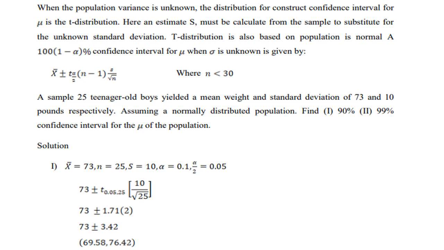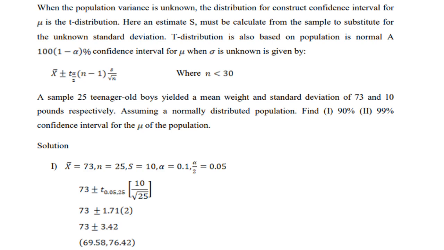At times they can give you your values and ask you to compute the x bar and the standard deviation. By now we should know how to compute x bar and s. Our x bar is 73, our n is 25, our s is 10.